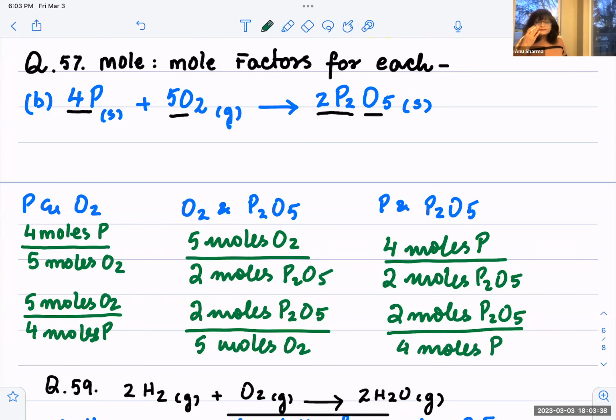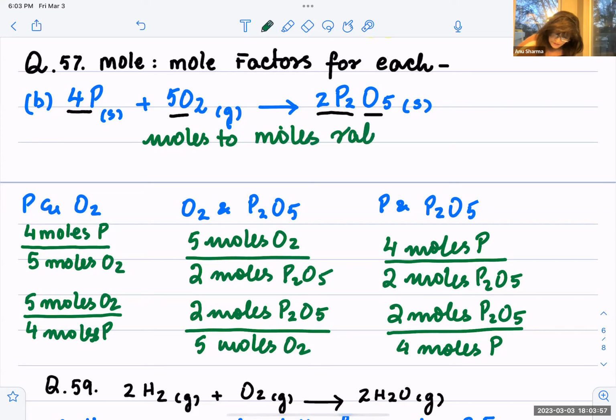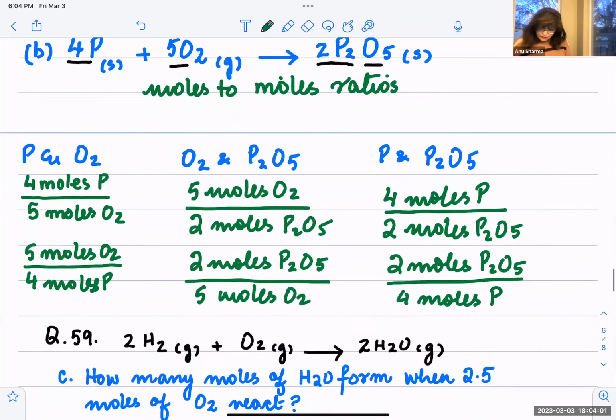All right, so these are the mole-mole fractions, or these are also called the mole-to-mole ratios, of each of the entities. All right, so that was one question.